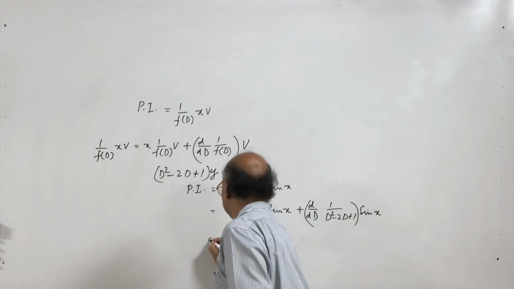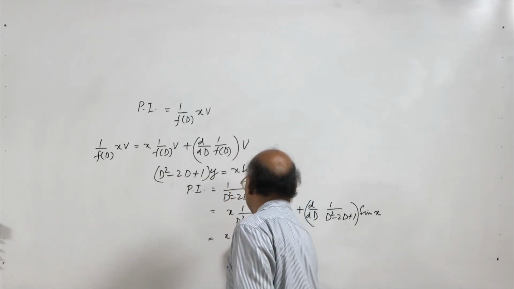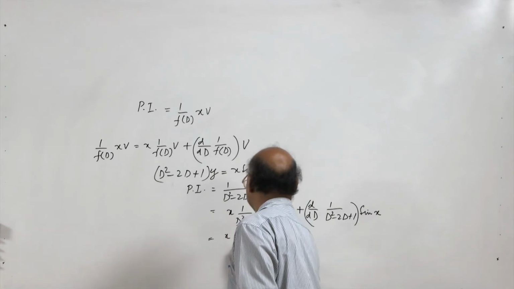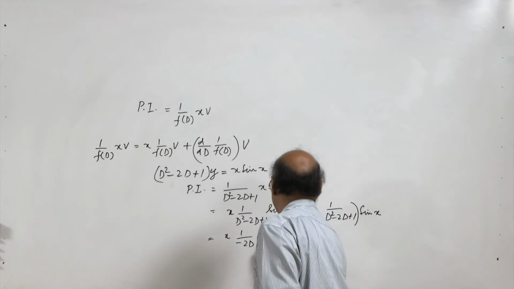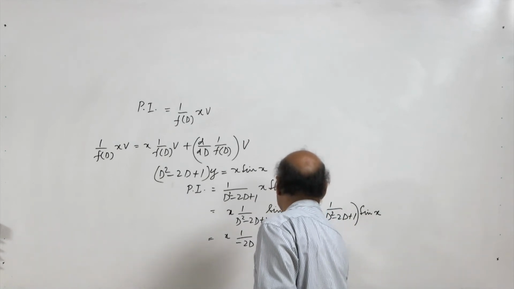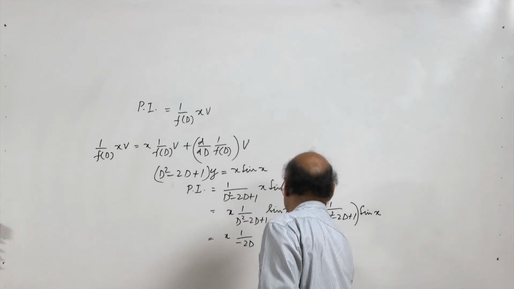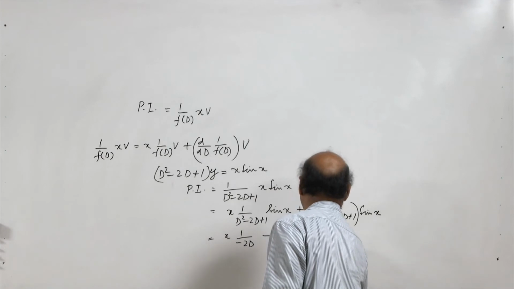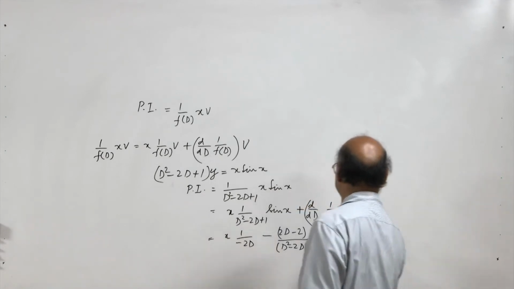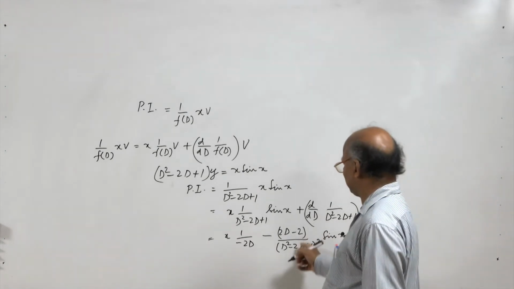This is equal to, D square can be replaced by minus 1 square. So, x times 1 over minus 1 plus 1, and then we have minus 2D minus 2 upon D square minus 2D plus 1 whole square operating on sin x. The derivative of 1 over D square minus 2D plus 1 with respect to D we have written here.